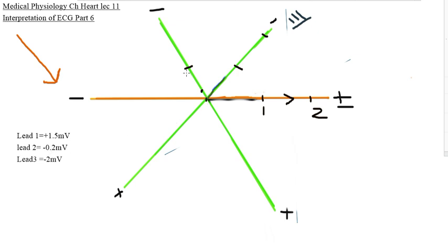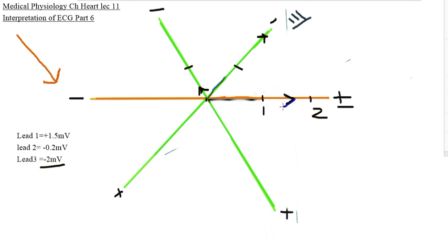This is the 0 point, this is the minus 1 millivolt of lead 2, and it will record only 0.2 millivolt. This is the arrowhead of lead 2. The magnitude is very low. Minus 0.2 millivolt will be recorded in the negative direction towards the negative pole of lead 2, whereas lead 3 records minus 2 millivolt, a very large amount. This will be recorded by lead 3. Now you have obtained our arrowheads on the 3 axes of lead 1, lead 2, lead 3.